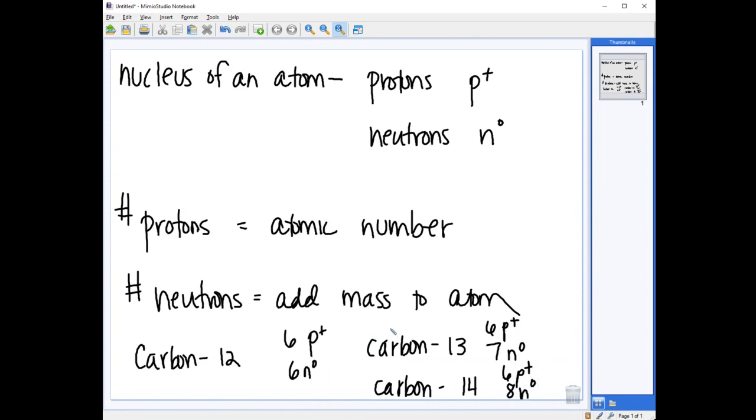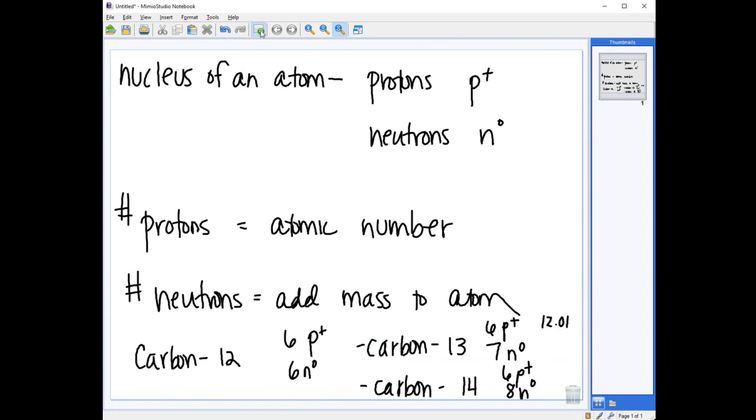When we look at the mass of carbon on the periodic table, it is 12.01. The reason it's not exactly 12 is because we have some of these isotopes, not very many. The atomic mass is closest to 12, which tells us that the majority of our carbon atoms are carbon 12 with 6 protons and 6 neutrons, but we do have some that are carbon 13 and carbon 14.